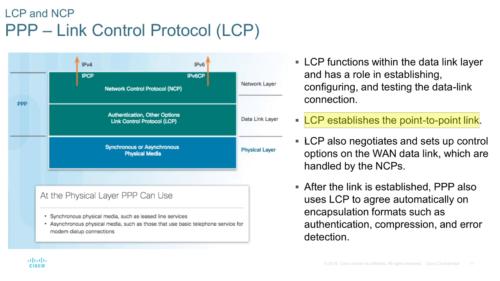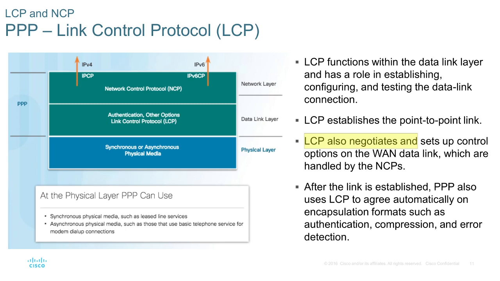And in a way, the LCP is the one that is going to be setting up and maintaining the WAN link, or the WAN data link, and then that WAN data link is going to be used by NCP, the layer above, to do the communications there.